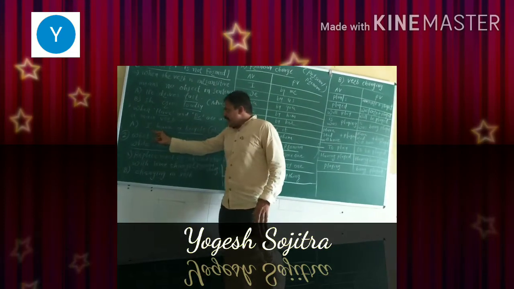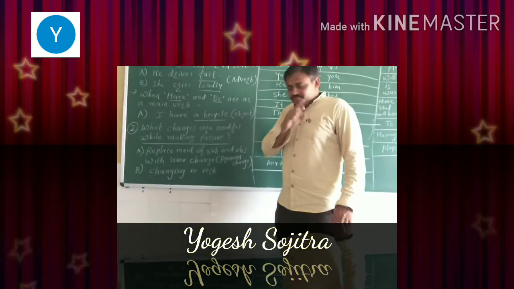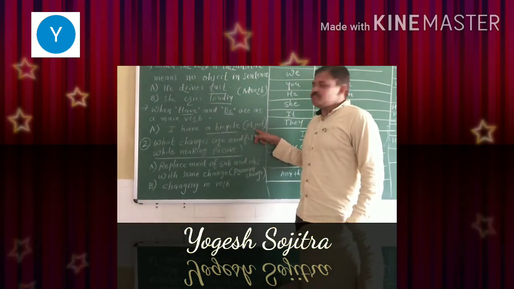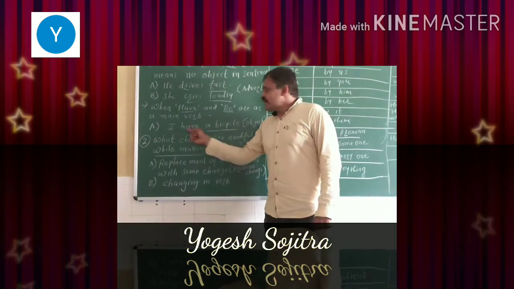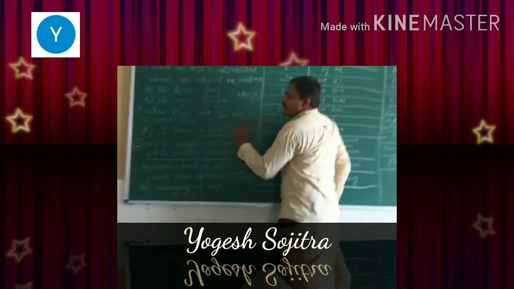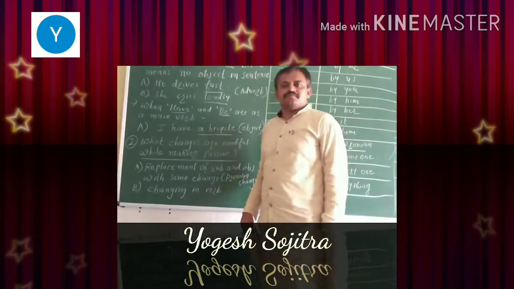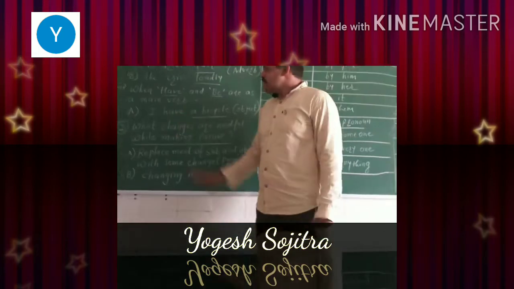Here is an example. I have a bicycle. Bicycle is an object, but we cannot make it passive because have is a main verb. If it is written, I have bought a bicycle, then we can make it passive because bought is the main verb and have is the helping verb.